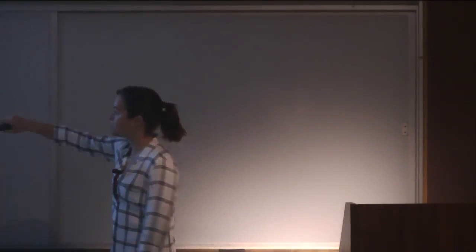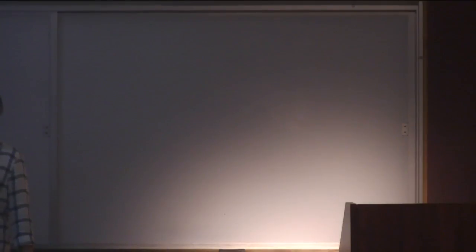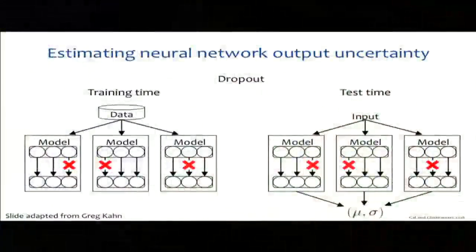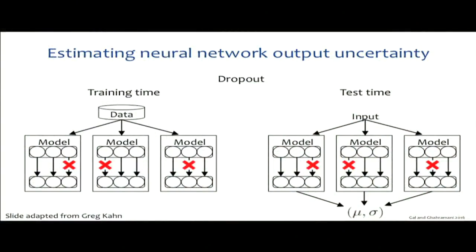All right, any questions before I get to results? Yeah. So dropout is done at test time such that our goal is to get the mean and variance of the output. If at test time we remove the dropout, we would just have a deterministic network. Here we want to estimate the variance of our output, and if we drop out different connections at test time, then we'll get different outputs from the network.